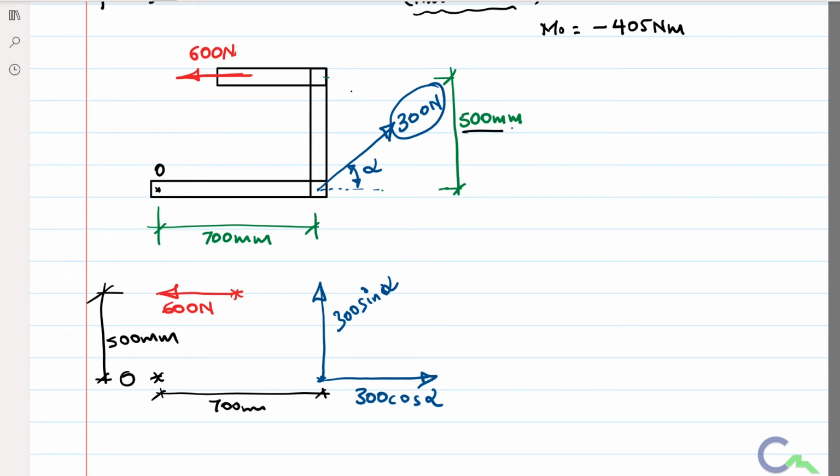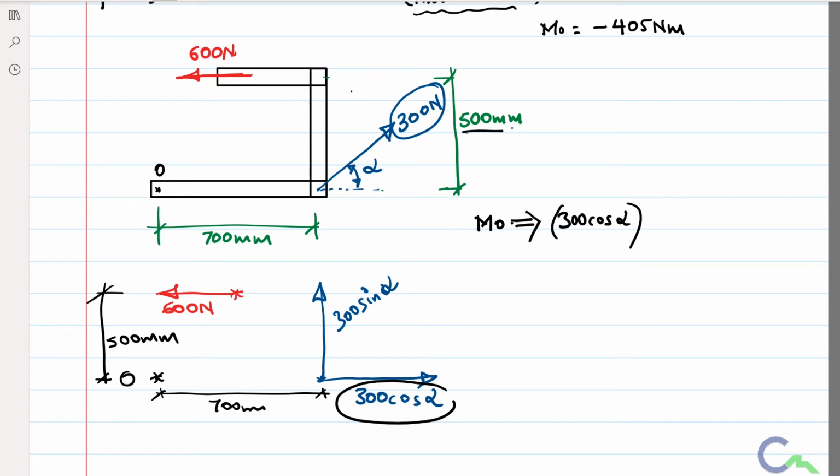So in total there are three forces about O, because I resolved that 300 into two components. Now I have to calculate the moment about O. So MO is equal to, first component, that is 300 cos alpha.